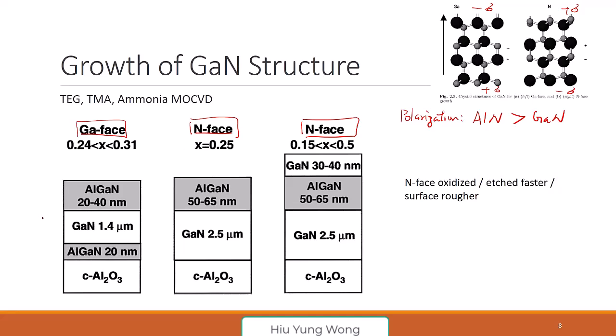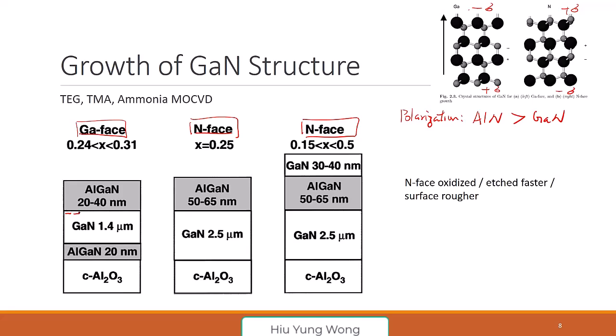Why negative? On top of the gallium nitride, I was just following the picture on the gallium phase. You're right. It's negative on top and positive at the bottom.